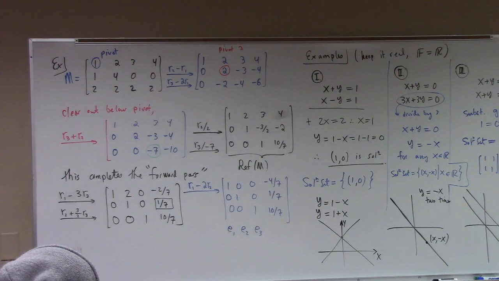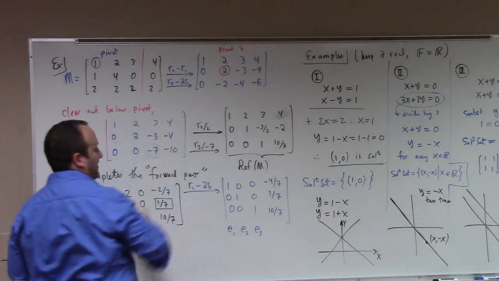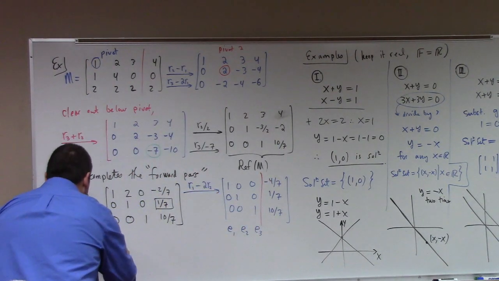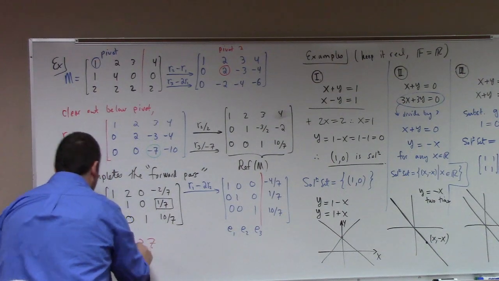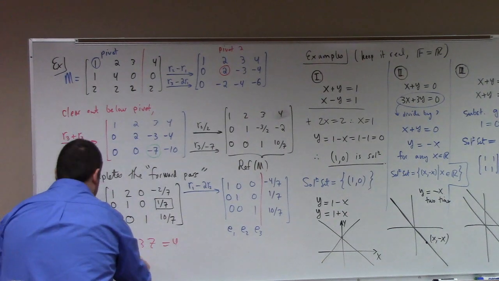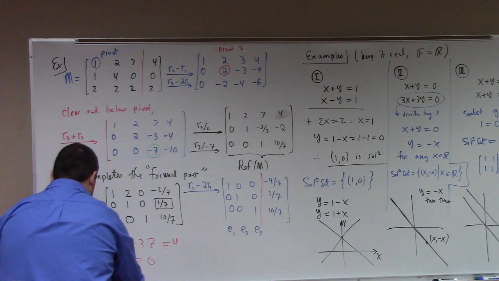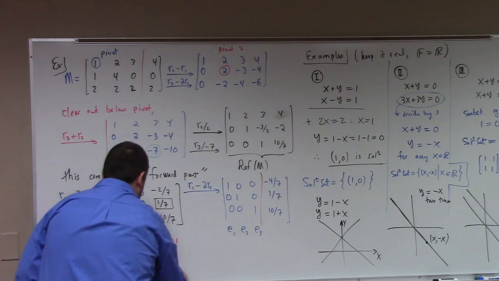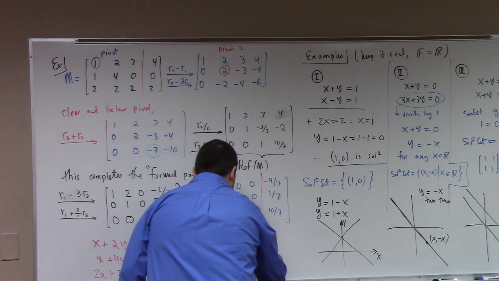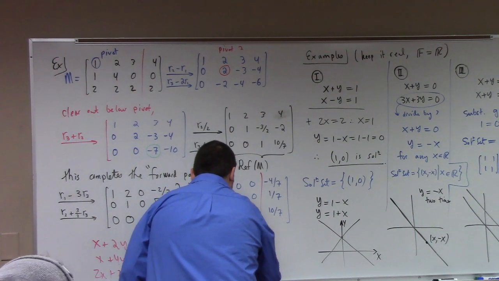Okay. But this one, we could go back and think about this as a system, like Josh was wanting to think of this as a system, right? And so what would the difference be if we were thinking of this as a system? Just this, right? And what did we just learn? We learned that x plus 2y plus 3z equals 4, and x plus 4y equals 0, and 2x plus 2y plus 2z equals 2 is equivalent to the system x equals minus 4/7, y equals 1/7, and z equals 10/7.